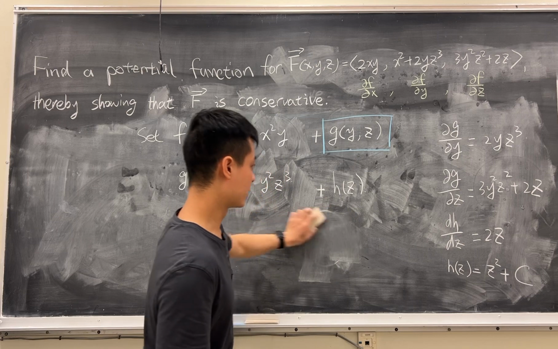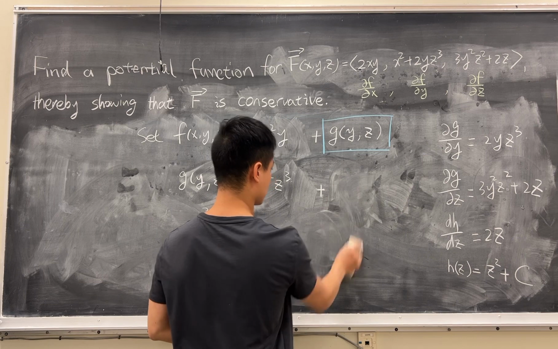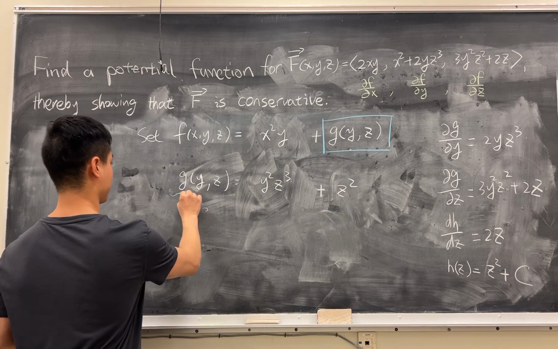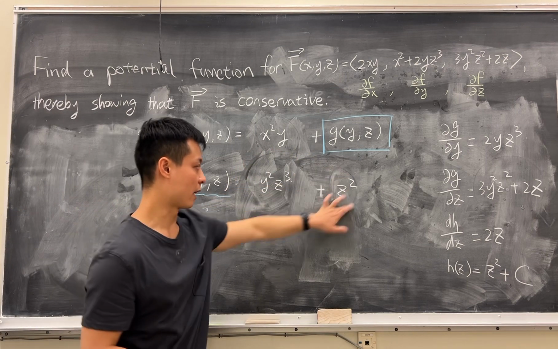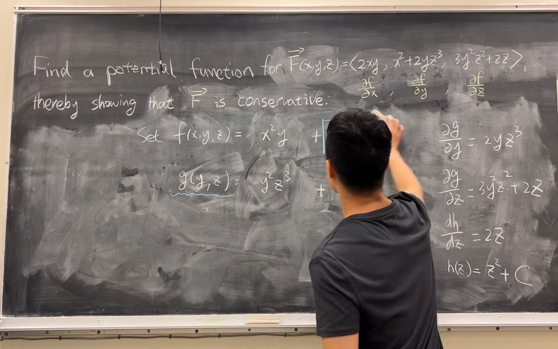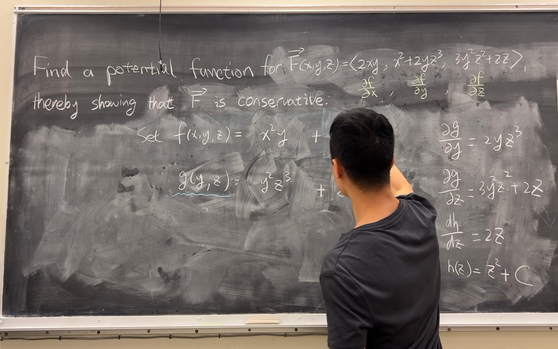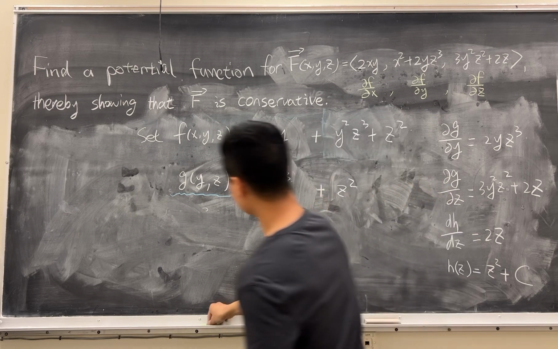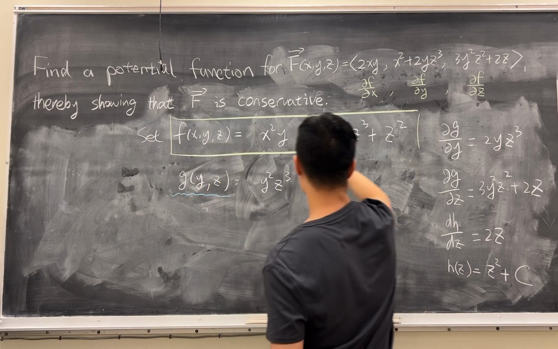After we have this function h, we replace it with z squared. So we now have this function g, and then we substitute it into the expression here. We will have the entire potential function, which is plus y squared z cubed plus z squared, which is the potential function that we have been looking for.